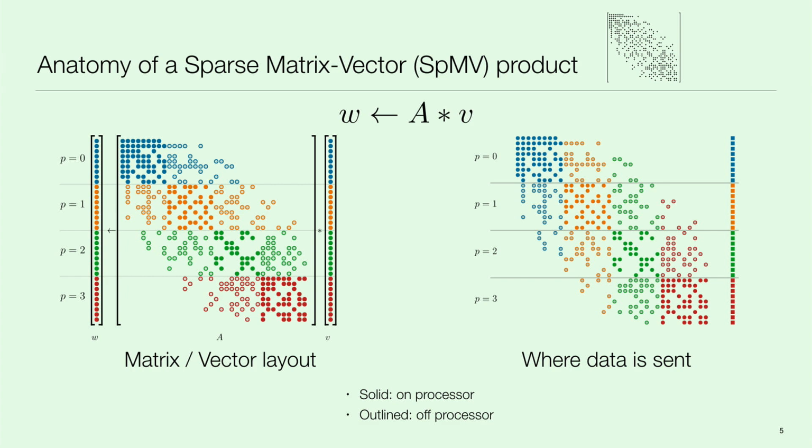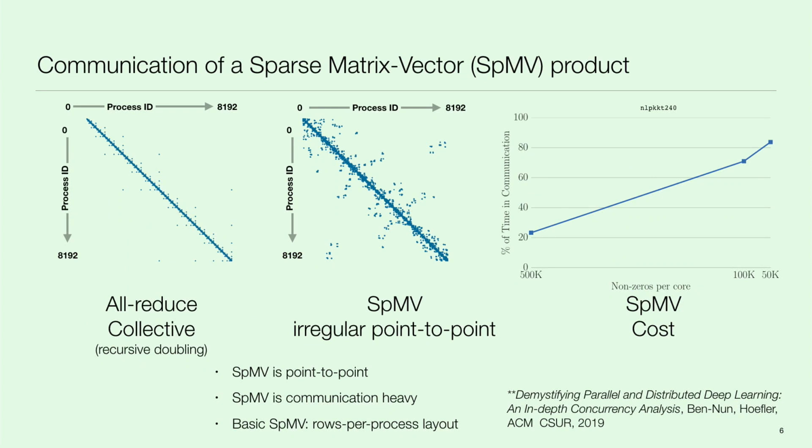So when we execute this SpMV, we're using point-to-point communication, and this is fundamentally different than using collectives. In this slide, I'm giving a processor mapping of who's communicating. In the middle, I've taken one sparse matrix and 8,000 processors and just labeled the communicating processes that are part of this SpMV.